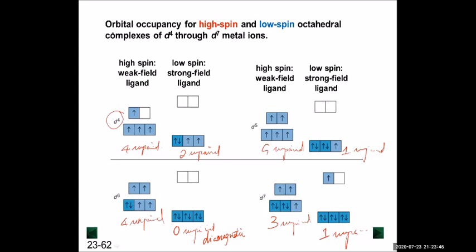If the number of d electrons in the cation is between 0 and 3, or between 8 and 10, there will be no difference between the strong field ligand and the weak field ligand. When the number of d electrons is below 4, it makes no difference, because all the electrons will occupy the lower level, the 3 d orbitals.